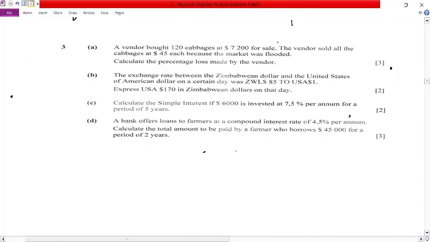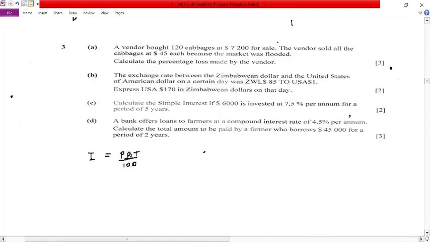Calculate the simple interest if 6,000 is invested at 7.5% per annum for a period of 5 years. So the formula for simple interest is I is equals to PRT all over 100.